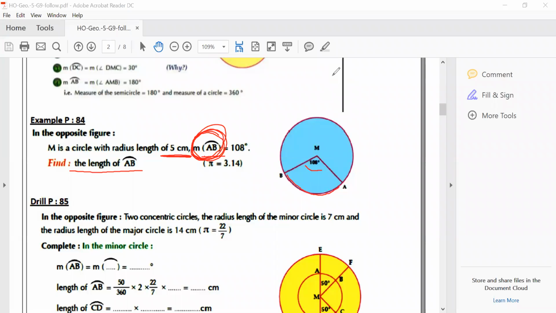Ziad. Yes. Okay, can you tell me how to get the length of the arc? I don't know. Don't you remember anything from the rule I have just said? No. Were you sleeping, Ziad?